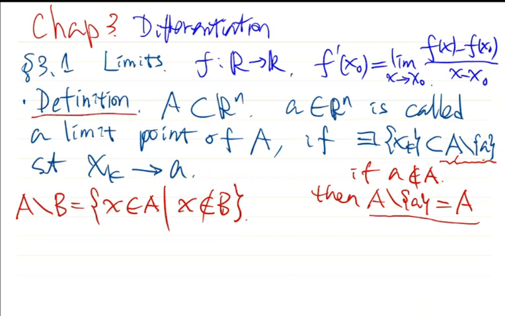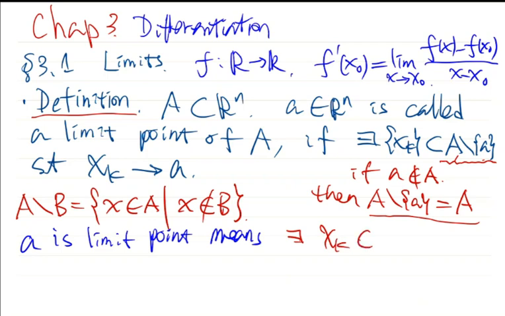Okay, so what does this mean? What is a limit point? A point is a limit point of a set if this set has a sequence not equal to this point that converges to it. This means a is a limit point means there is a sequence xk in A, but xk not equal to a, such that xk converges to a.